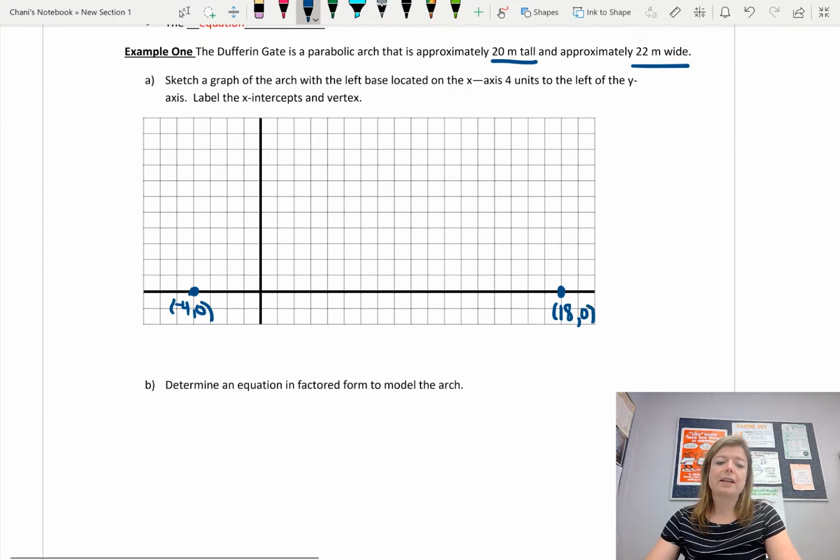Now, we need the vertex. The vertex is going to occur halfway between these two x-intercepts. So -4 plus 18 is 14, divided by 2 is 7. So 1, 2, 3, 4, 5, 6, 7, and then we're going up 20. So let's go up by 2's here.